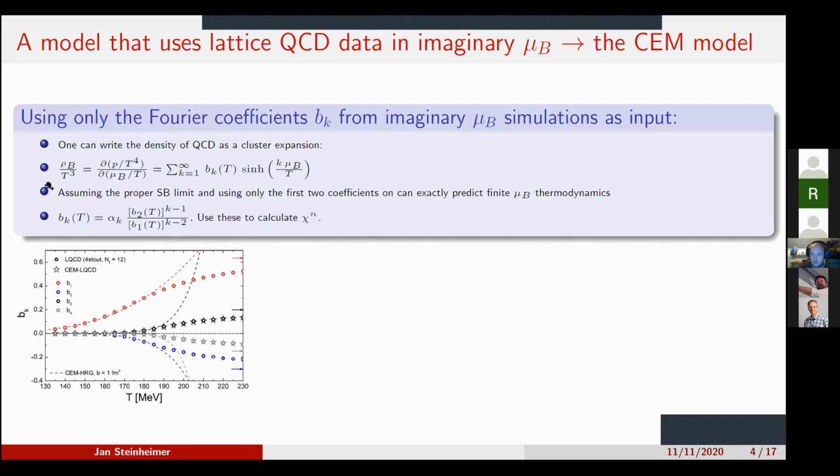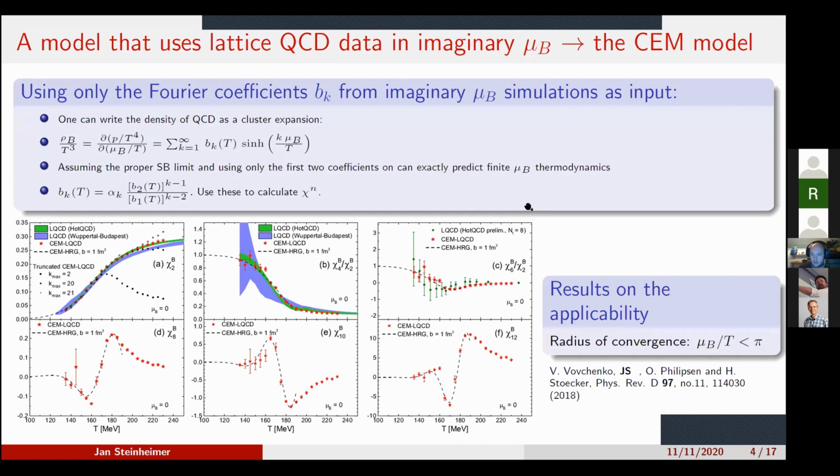That's basically this relation here, which is motivated by the Stefan-Boltzmann limit, because in the Stefan-Boltzmann limit this is actually true. This way, you can calculate any kth order coefficient, and then use these to calculate the coefficients of the Taylor expansion in the real chemical potential axis.